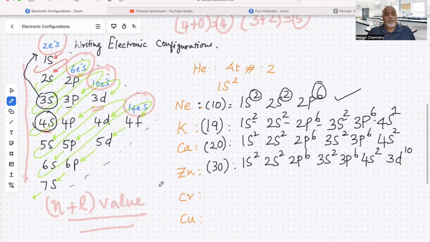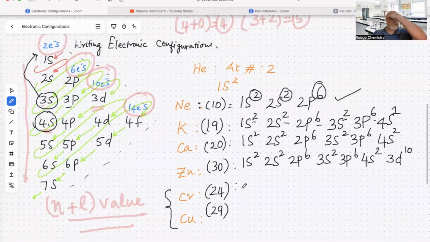But these two elements, chromium and copper, atomic number 24 and 29, if you go and check the electronic configuration, it's going to look like this: 1s2, 2s2, 2p6, 3s2, 3p6.